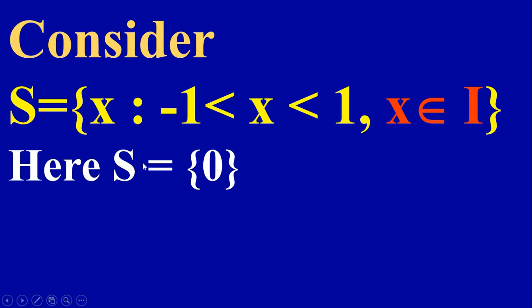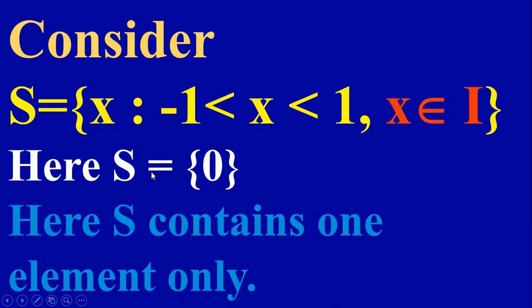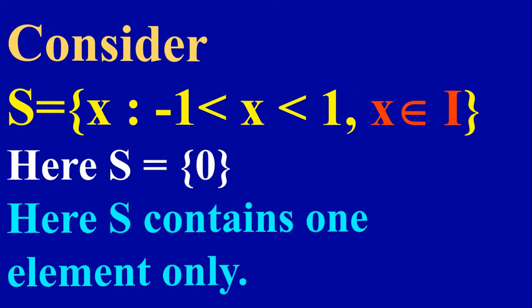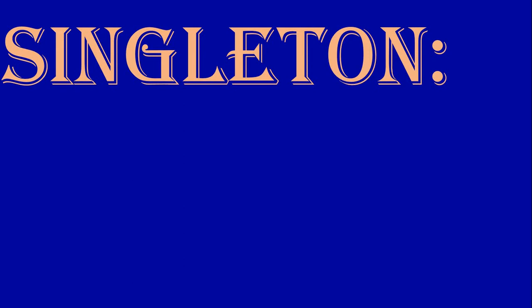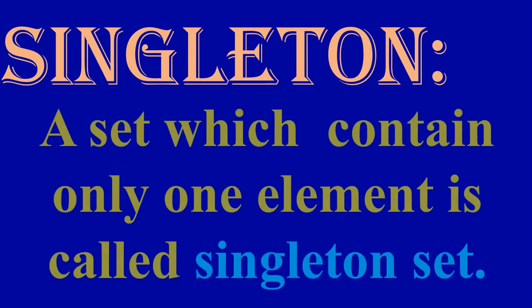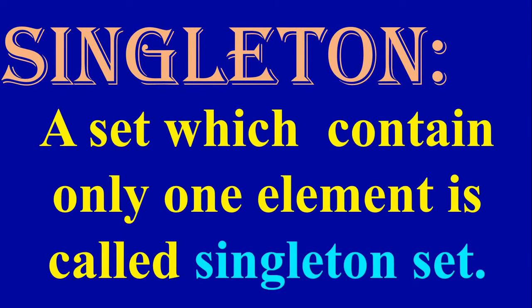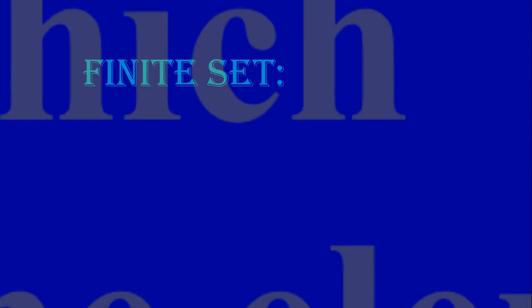Here 0 is one element in the set S, and S contains only one element. This type of set is called a singleton set. Singleton means containing only one element. A set which contains only one element is called a singleton set.